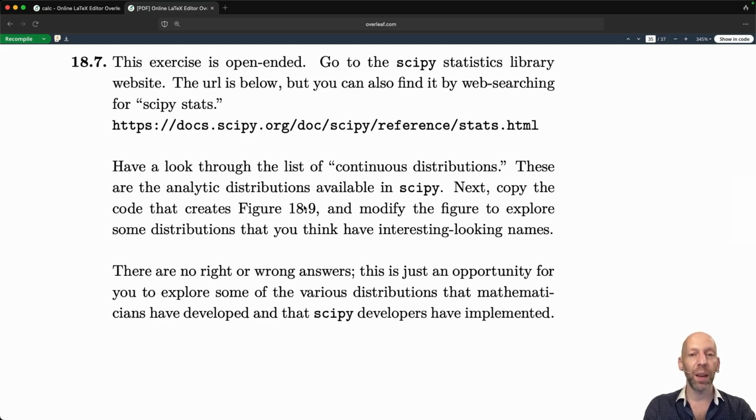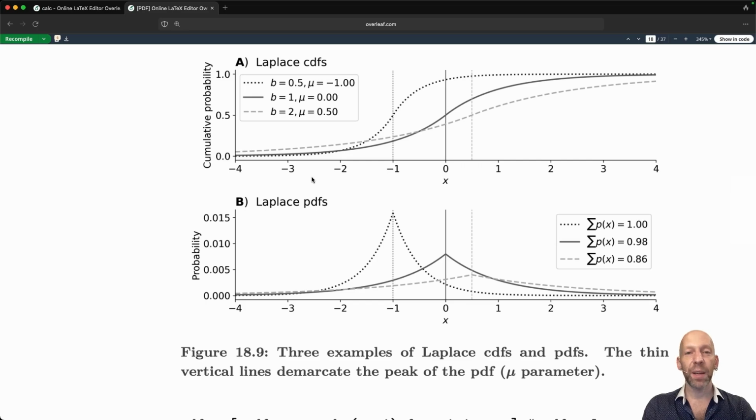So first, let me scroll up to figure 9, and then I'll show you this website. Here is figure 9, and essentially I'm just showing the CDFs and PDFs from one particular distribution. In this case, it's a Laplace distribution with 3 different parameter sets. Now there's nothing special about the Laplace distribution for this particular exercise.